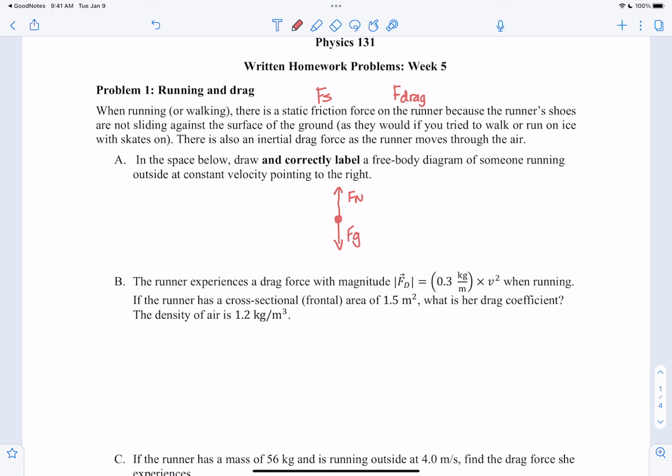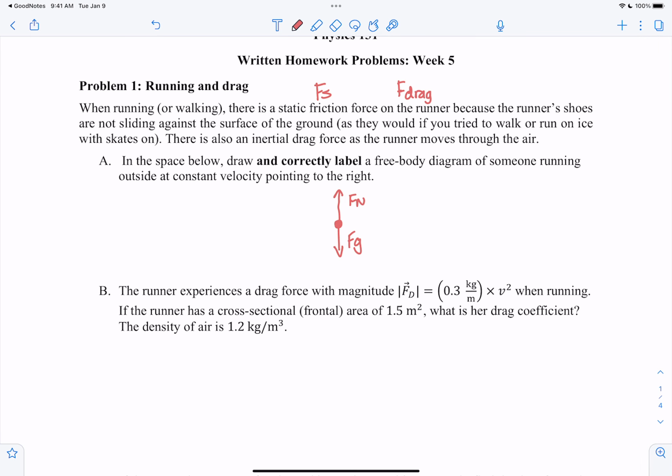Your static friction is supposed to be propelling you, right? In the x direction, your drag, think about that. Drag is always opposing your intended motion. So if I'm trying to move to the right, that drag is going to be pointing to the left, actually.